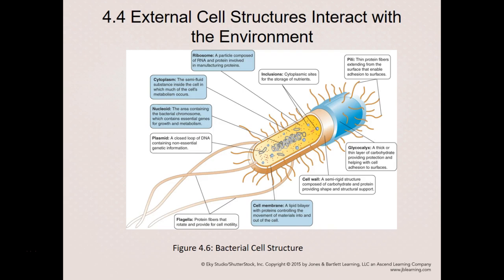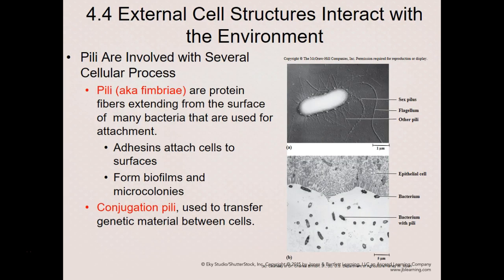And then growing out from the cell itself, from the cell wall, you can have flagella that help for movement. You can have pili that help to allow the cell to stick to surfaces or to attach cells to other cells. So pili are important to bacteria, and they're only found in bacteria. They function to allow cells to stick to surfaces.